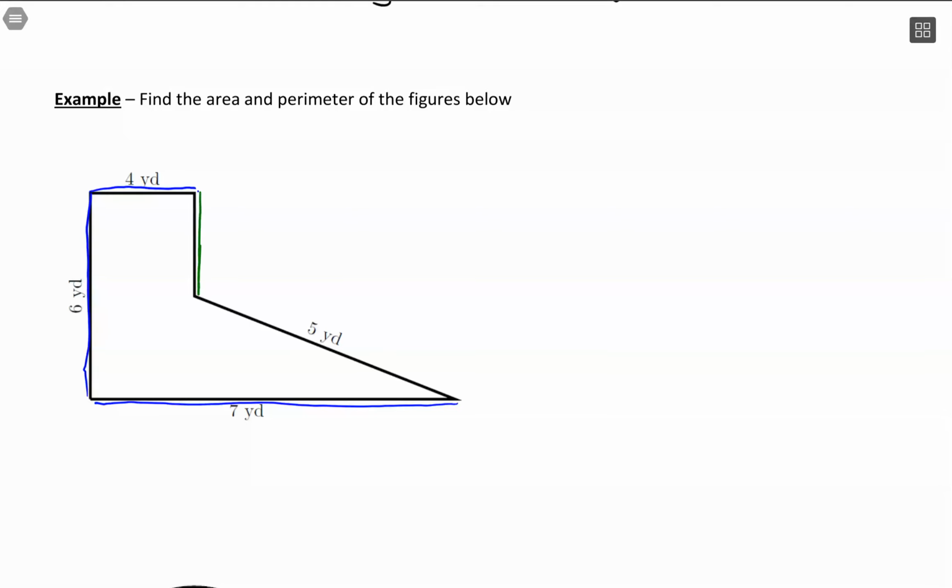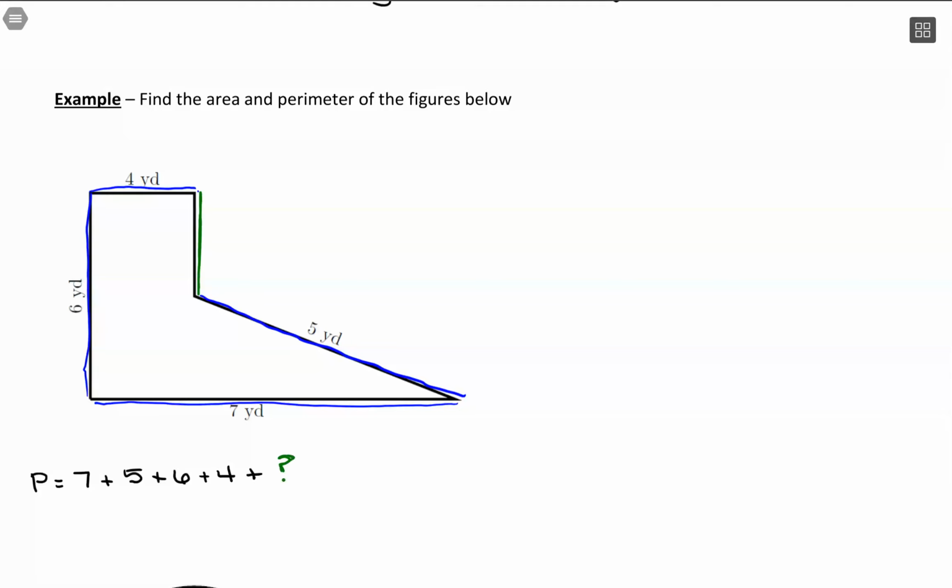This piece here, we actually don't know the length of, but then we have this piece. So in terms of perimeter, I'm just going to map this out. I know I have 7 plus 5 plus 6 plus 4, and then that unknown side length. So I'm missing a piece.